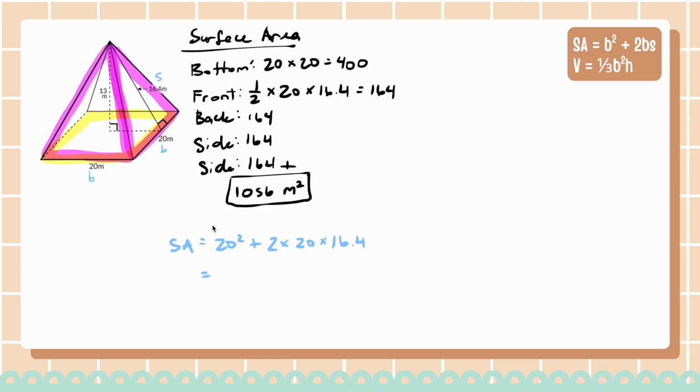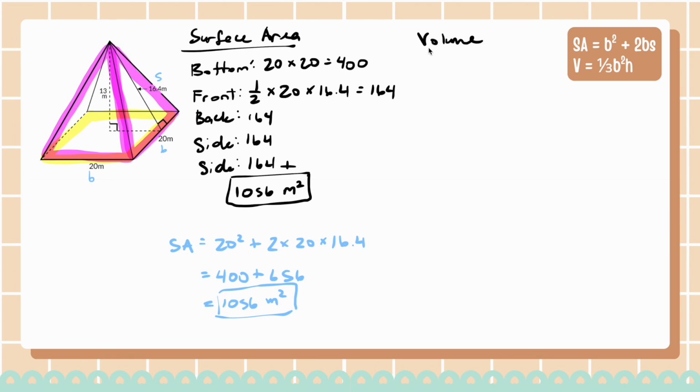All right, let's simplify this. 20 squared is going to get me 400, plus all of this multiplied is going to get me 656. This is all equal to 1056 meters squared, the exact same surface area.